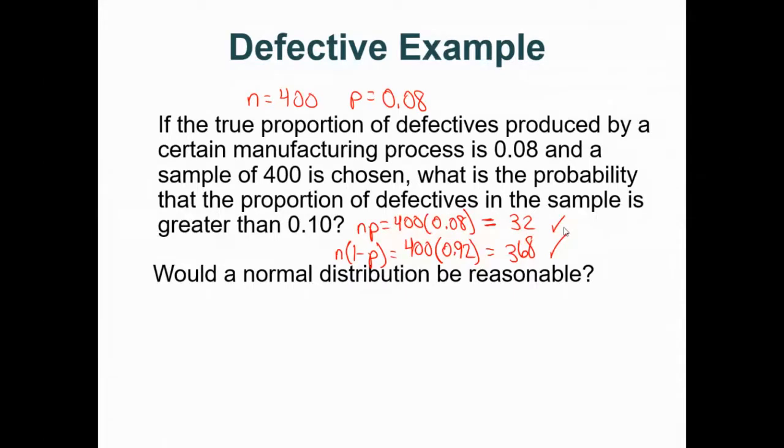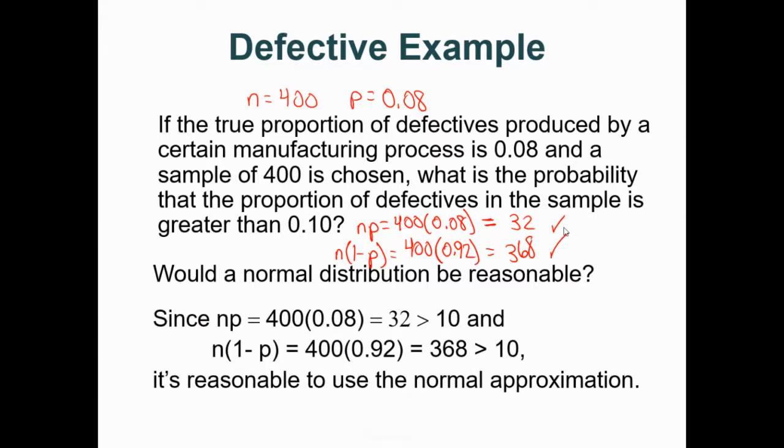Okay, so next, since we can assume normality, we need to find mu and sigma. So mu of p hat, what should that equal?